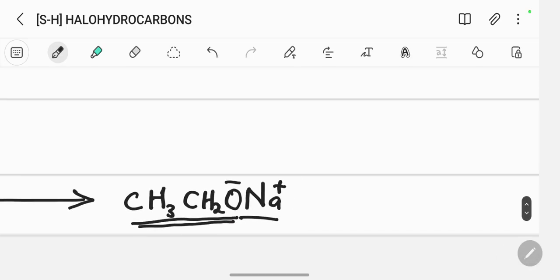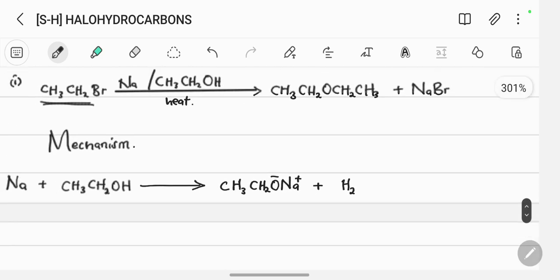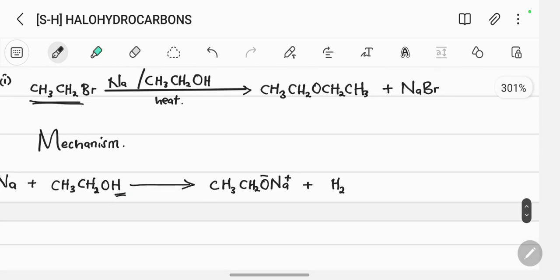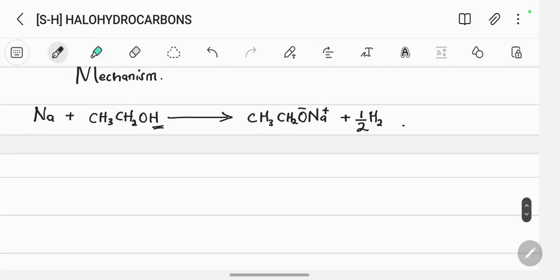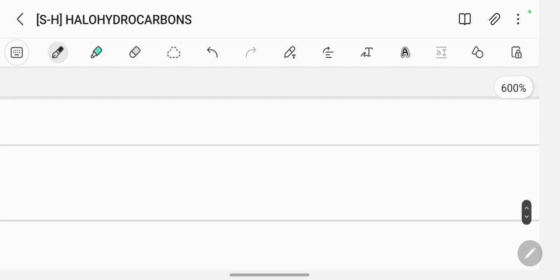Sodium ethoxide, and we form hydrogen. We liberate hydrogen, but due to the fact that we have to balance it, as one hydrogen is lost, it's going to be that half there. So now this sodium ethoxide has to dissociate.